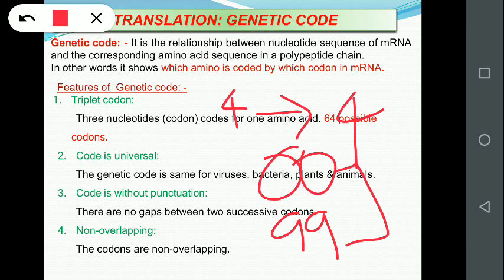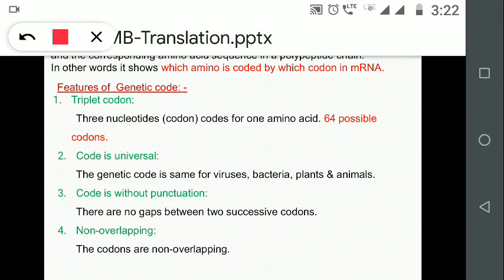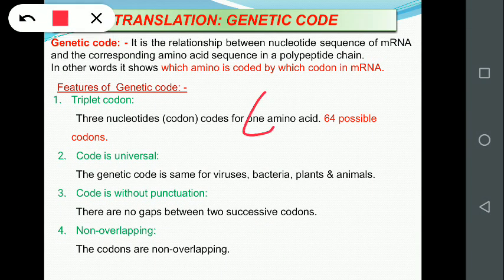In the decimal system we have 10 symbols, but in this case we have only four symbols or four letters, A, T, G, C. So if we use one nucleotide, we get only 4 codons that code for only 4 amino acids.